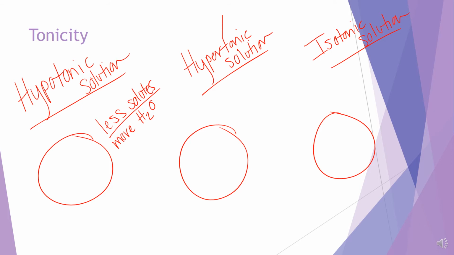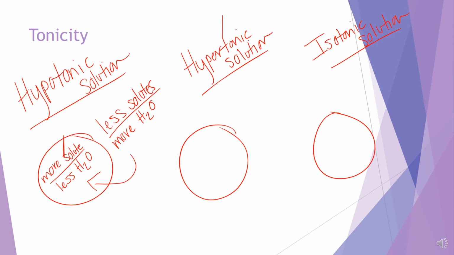And inside the cell, we have the opposite. So we have more solute and less water. So if we put a cell into a hypotonic solution, the water is going to move from high to low, more water to less water here, right?